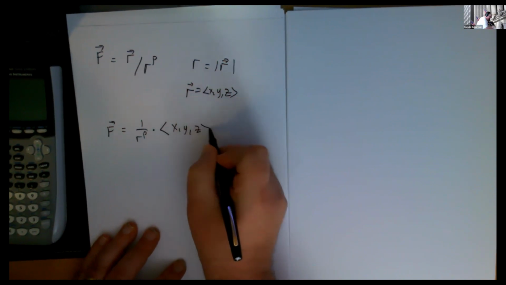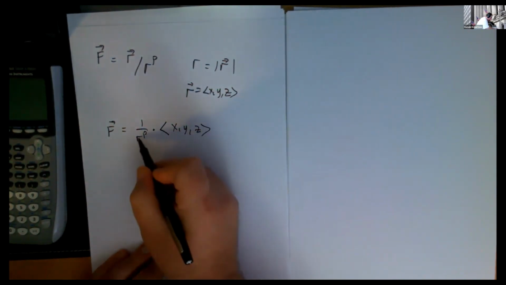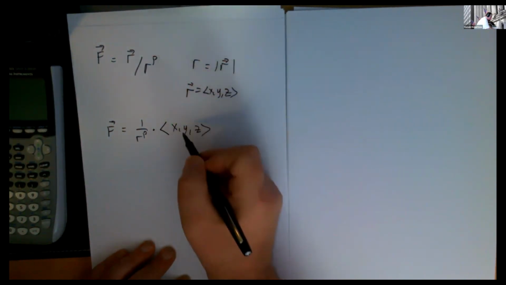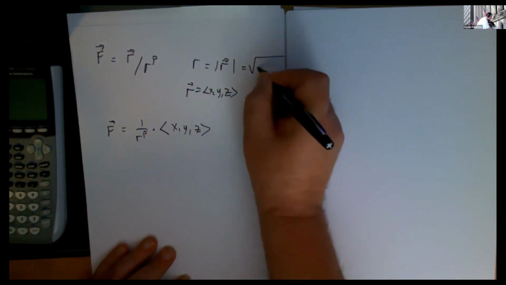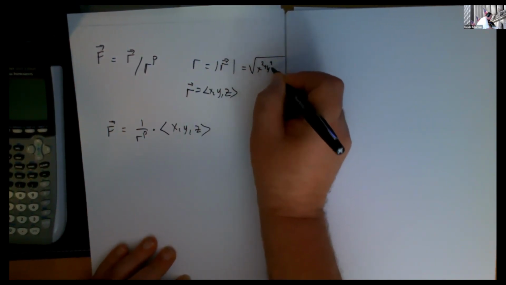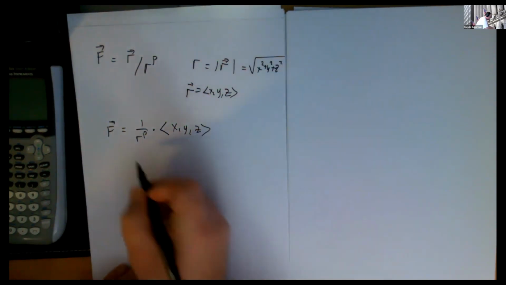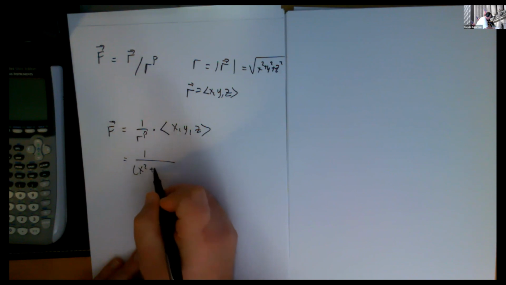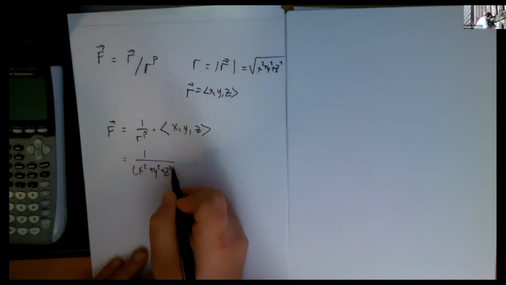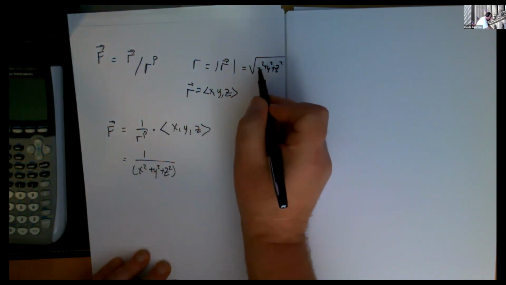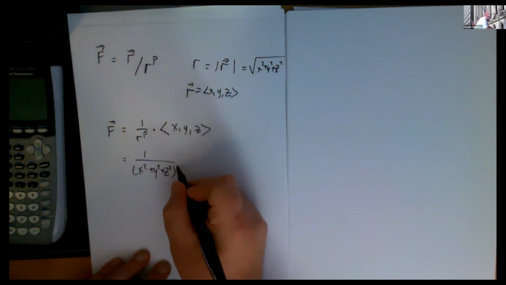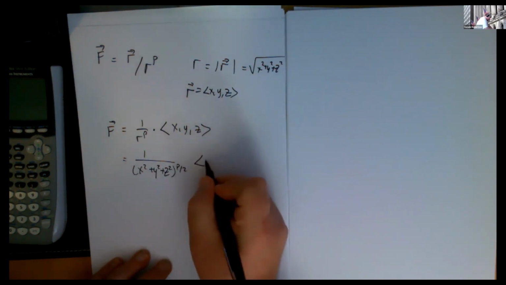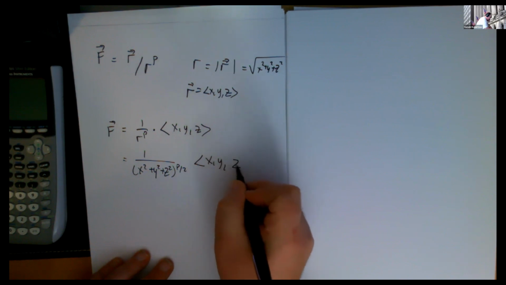Now, r is the magnitude of this vector, so that makes it x squared plus y squared plus z squared. So what I have is 1 over x squared plus y squared plus z squared to the power of a half, raised to the power of p, times x, y, z.